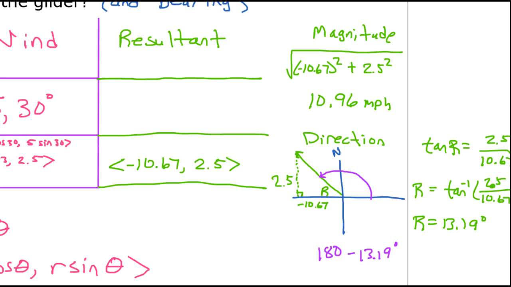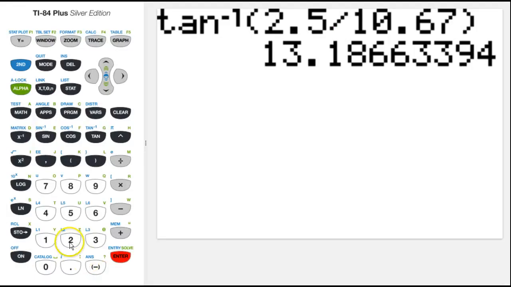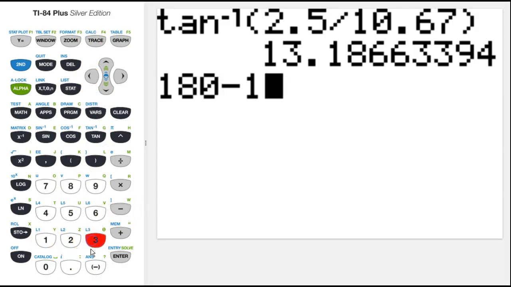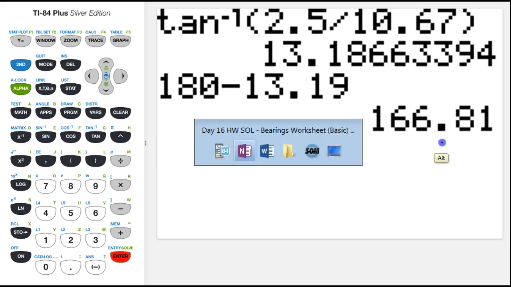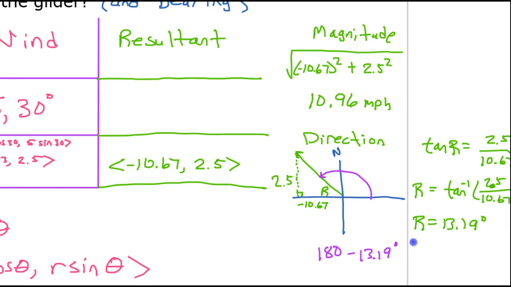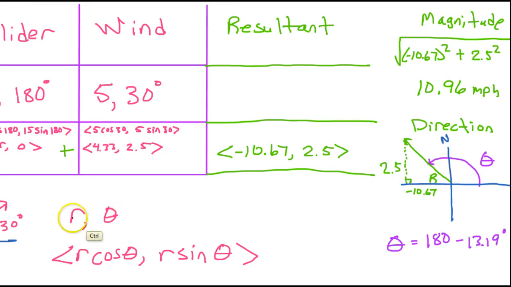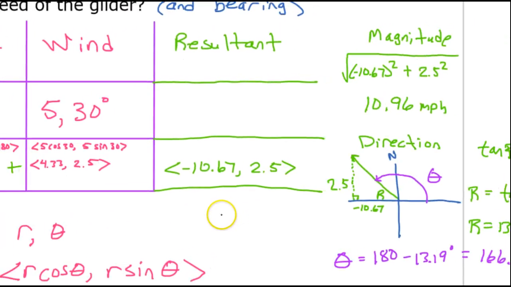So let's start with that. If we do 180 minus 13.19, that gives us 166.81. Okay, and that's the theta when we talk about r, theta, magnitude and direction.